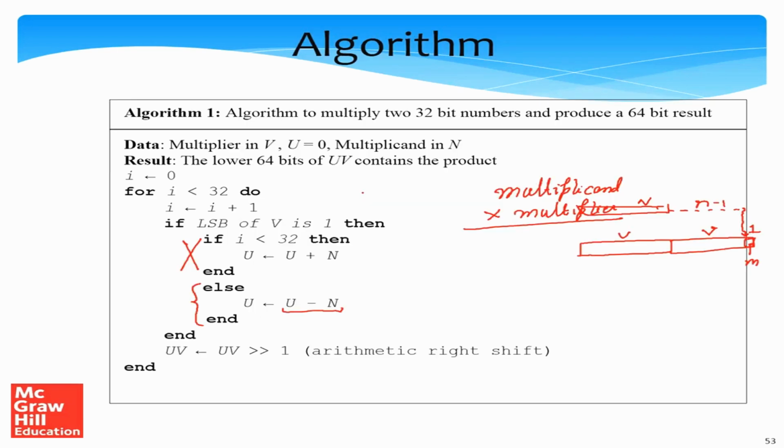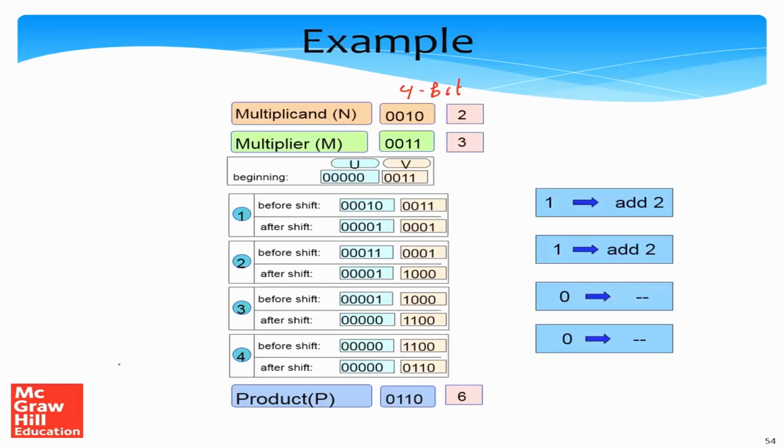So let us consider 2 points, which is before the shift, and one more point, which is after the shift. Before the shift, we consider the LSB of the multiplier.